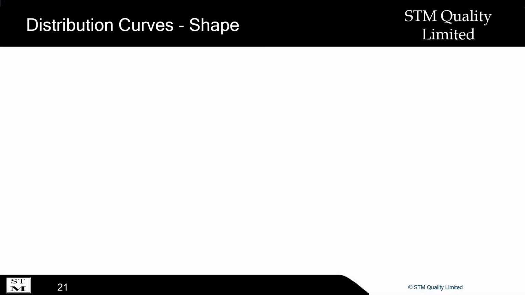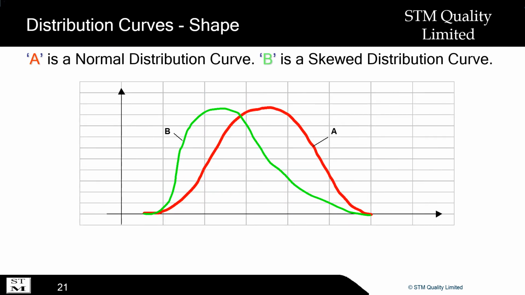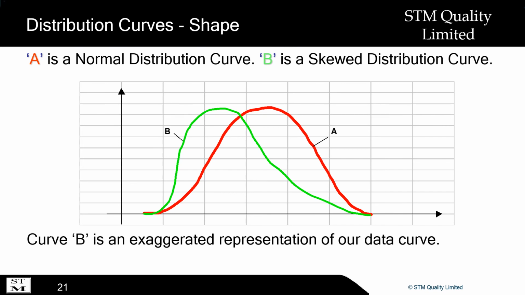Let's look at the shape of distribution curves. A is a normal distribution curve. B is a skewed distribution curve. Curve B is an exaggerated representation of our data curve.